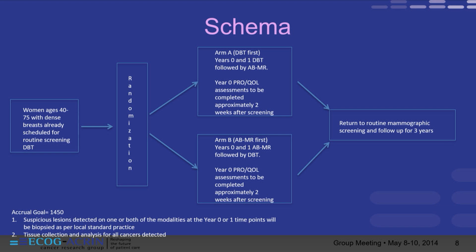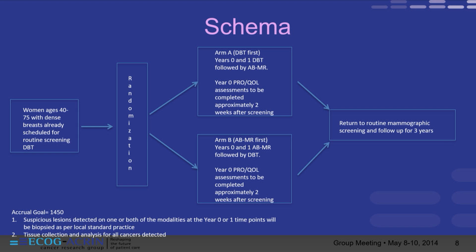So the tomosynthesis had a bit of an advantage on that first round because the people reading the tomo had comparison, versus the abbreviated MR, where the patients had no comparison. So you expect the callback rate and biopsy rate to be a little higher on that baseline. Surprisingly, it didn't get much better on the second round. I think I have slides about that. But they volunteered to do both.